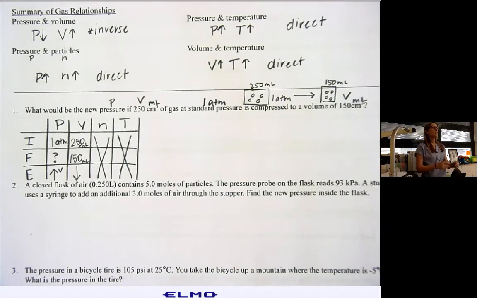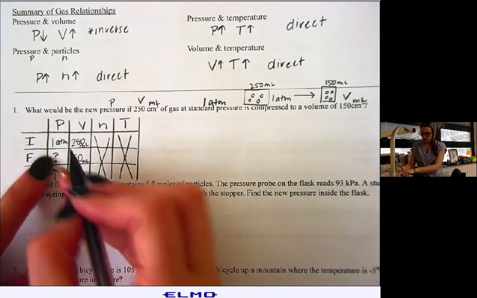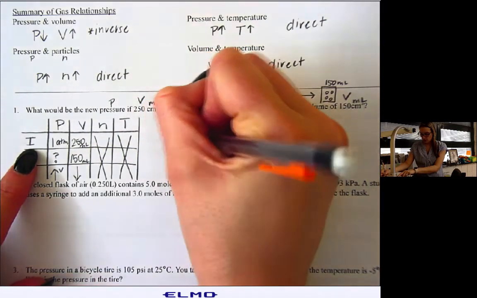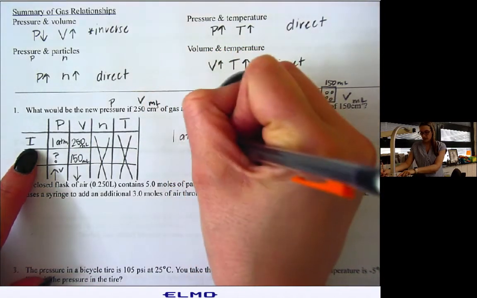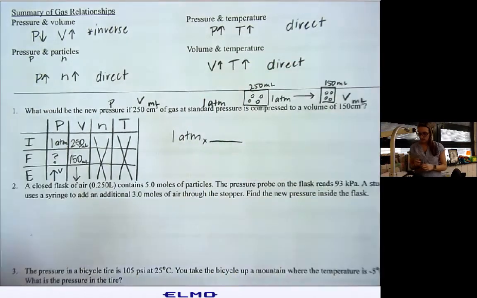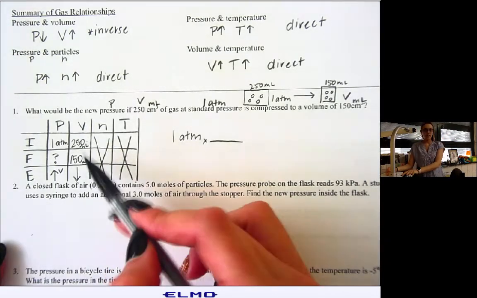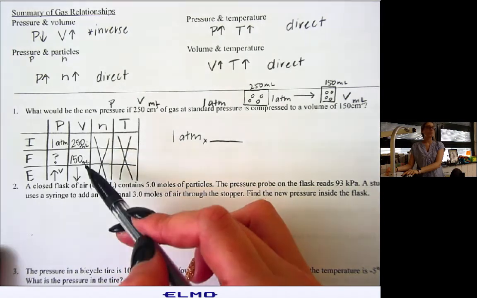Now here's how we actually solve the math problem. We're solving for pressure. So start with your initial pressure. I'm just going to write it over here off to the side. The initial pressure is 1 atmosphere, 1 atm. Now what we need to do is multiply by a fraction. We're multiplying by a factor. My factor is going to be the 2 numbers within volume.